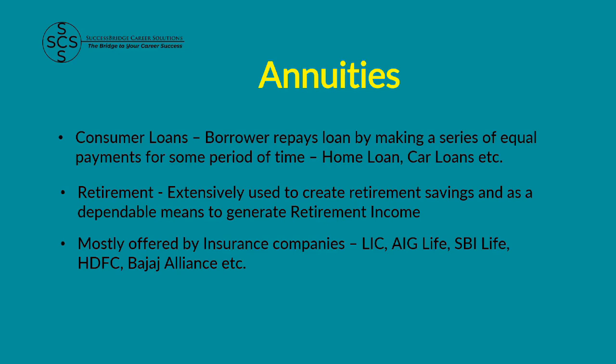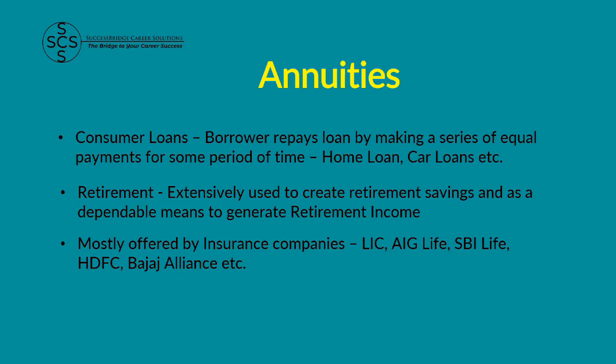And for students in finance, actuarial science is full of different types of annuities, and there's huge scope for somebody who is a little bit mathematically inclined. You don't have to be an Einstein in mathematics.